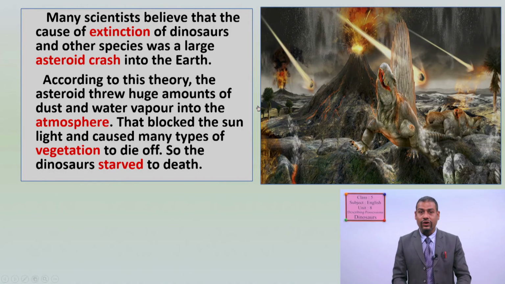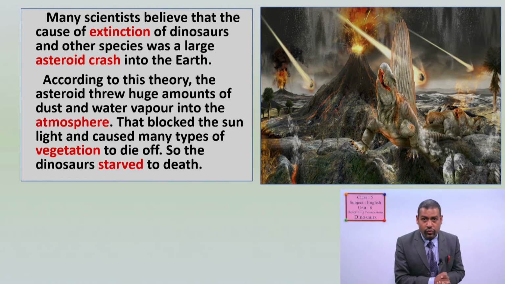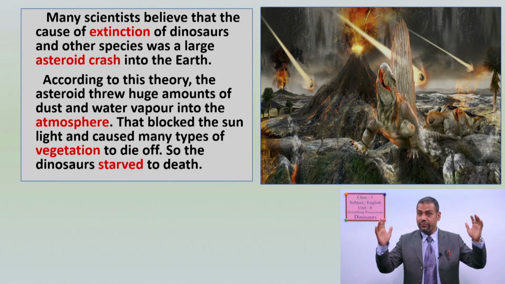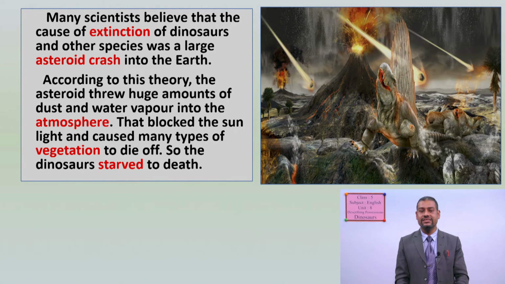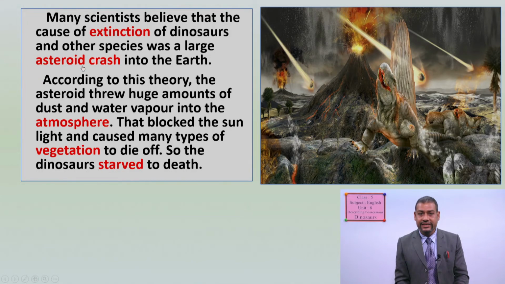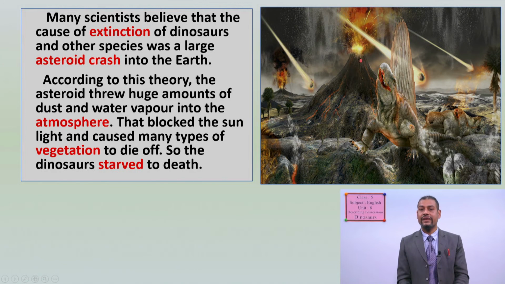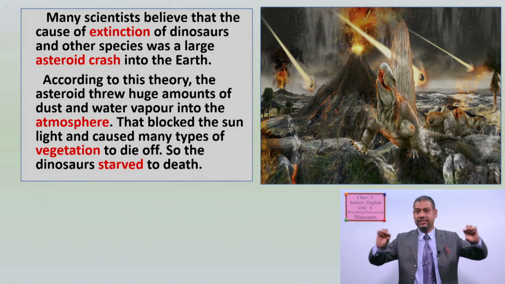From here, what you have to understand is that the dinosaurs died out millions of years ago, many years back in the past. Why? Do you know the reason? The scientists have said that they died because of an asteroid crash, one small piece of a planet that crashed into the earth.